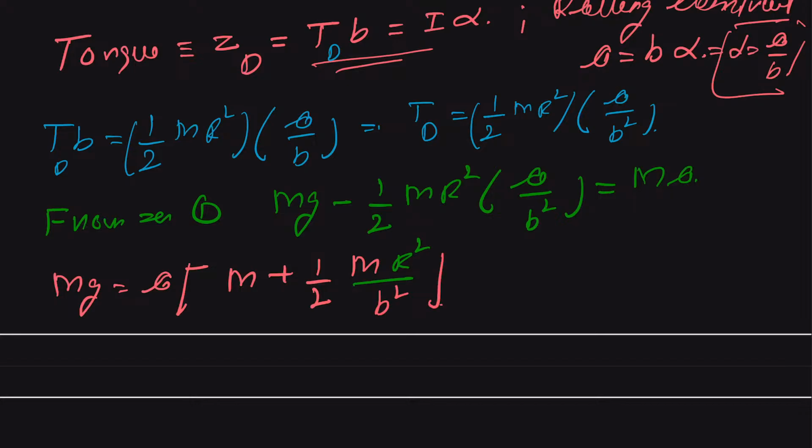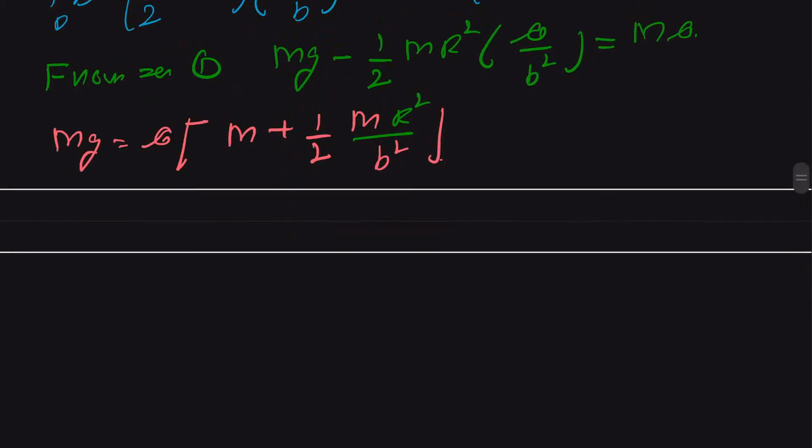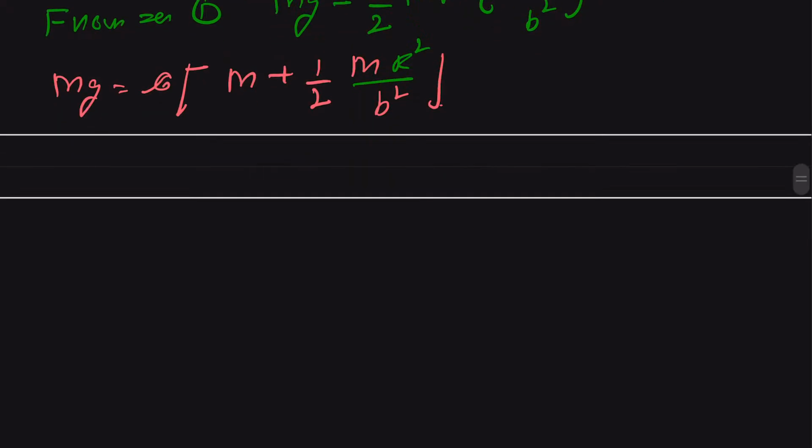From here we can write that a will be equal to mg over that, and we can take m as also common.